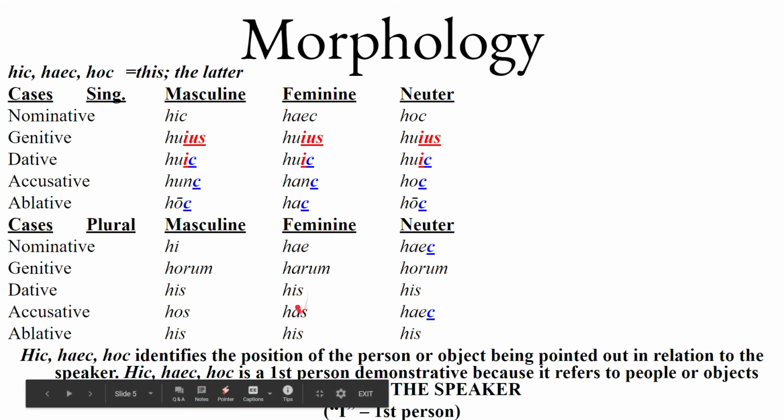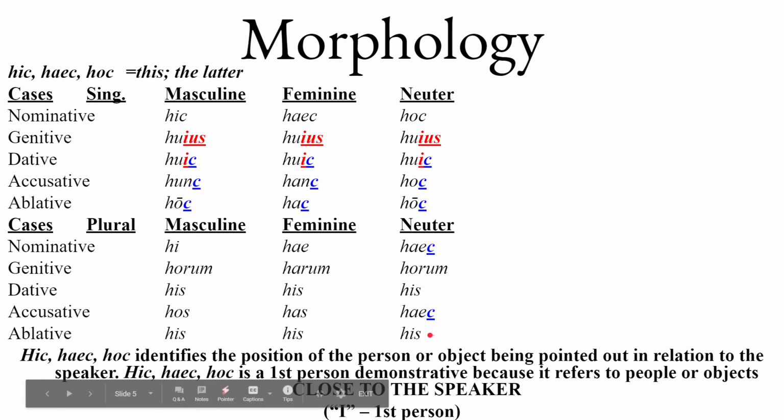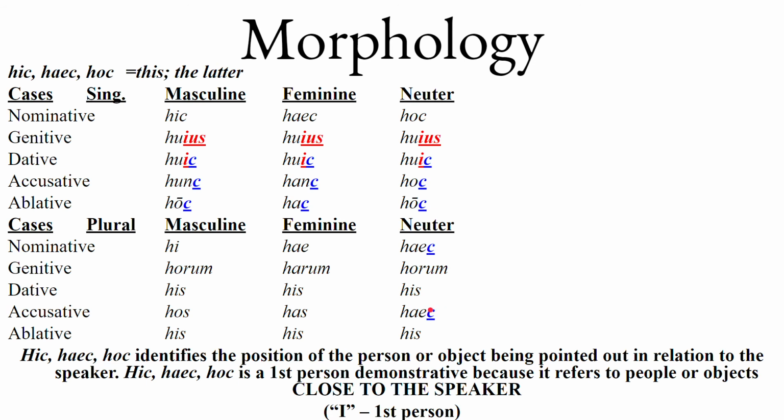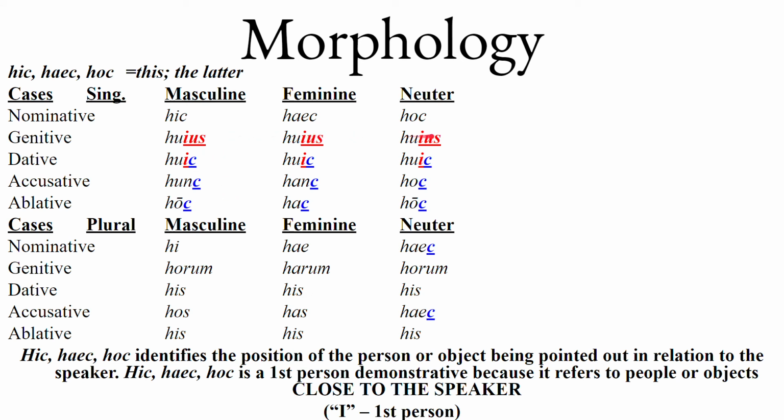Once again, the plural, it's a-okay. It's that singular that's weird. And the neuter, hoc, huius, huic, hoc, hoc, haec, horum, his, haec, his. And apart from the nominative and accusative plural neuter, plural's a-okay. So once again, watch out for the C's. It is still a heteroclite.